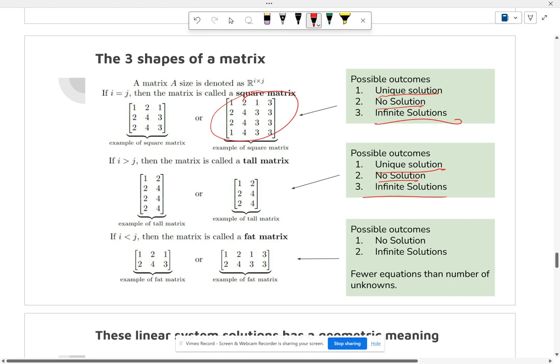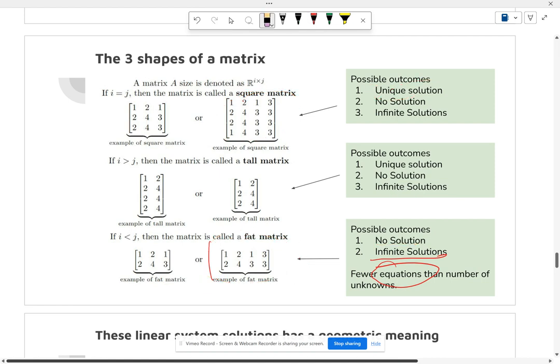But if you have a fat matrix, that's the case when you have more unknowns than equations, and that's when you have either no solution or infinite solutions. When you have a fat matrix, it's impossible to have a unique solution.